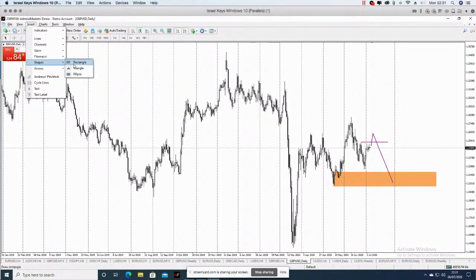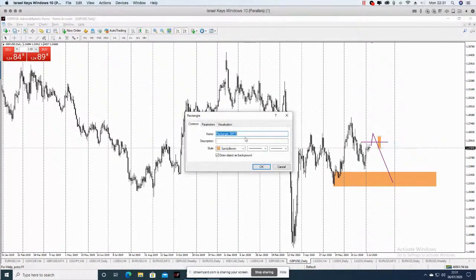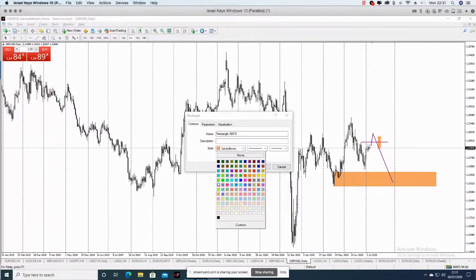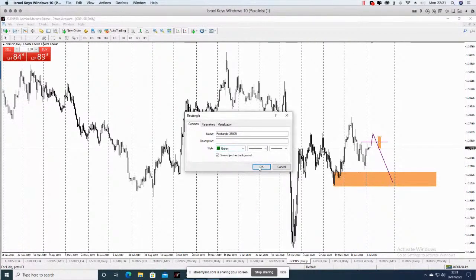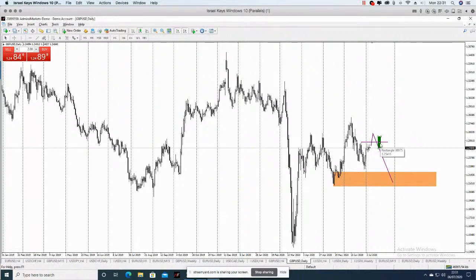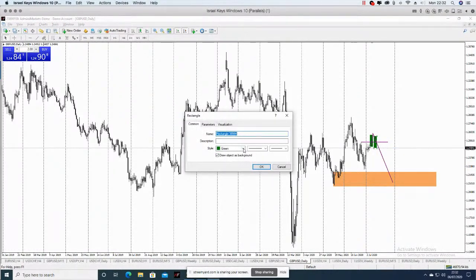So if we draw shapes, we'd like to see if we saw a green up candle there, we would like to see it followed up by a red candle there.